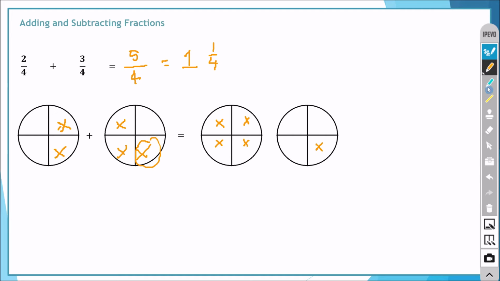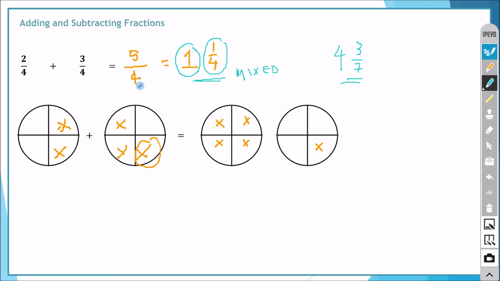So when you write something like this, this is known as a mixed number. And the reason it's called mixed is because we have one whole number and we also have a fraction. So whenever we write something like this, for example, like 4 and 3 out of 7, this is a mixed number.